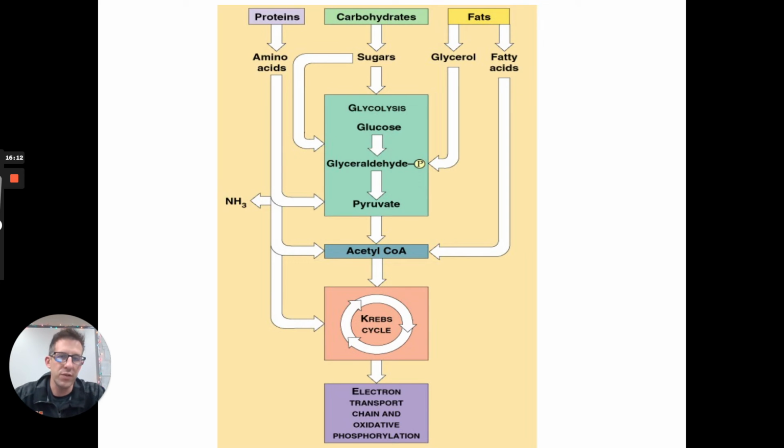Now this final diagram I keep in here, and I always put it at the end because this diagram illustrates the fact that it's not just sugar in terms of glucose that we can break down to get energy from, okay?